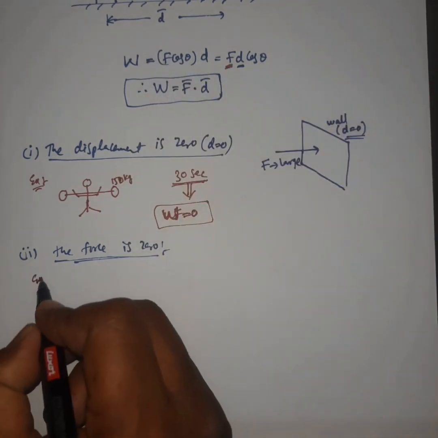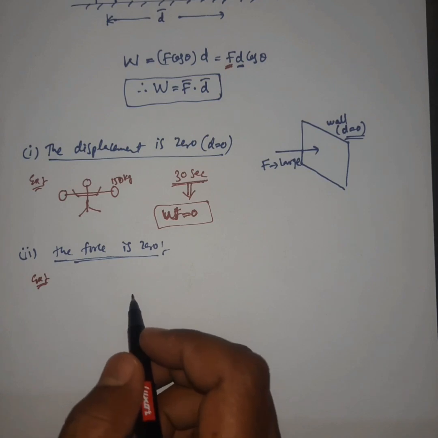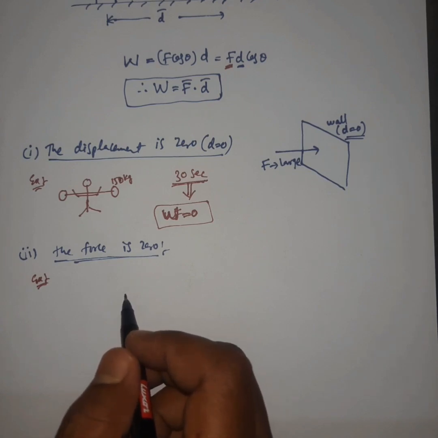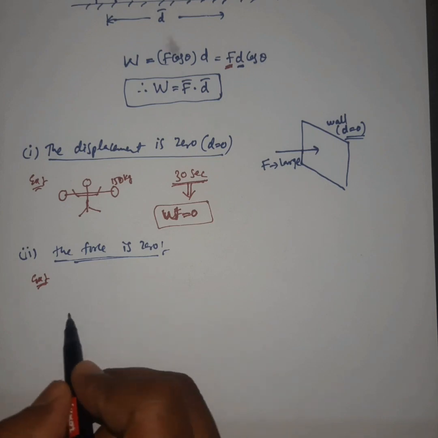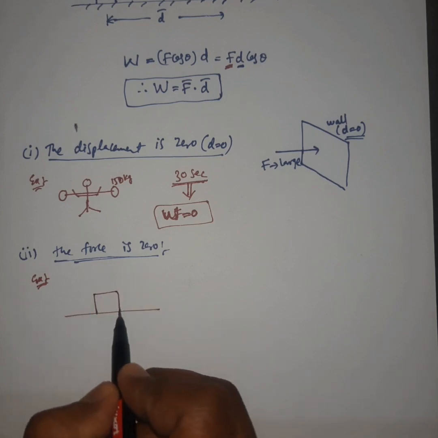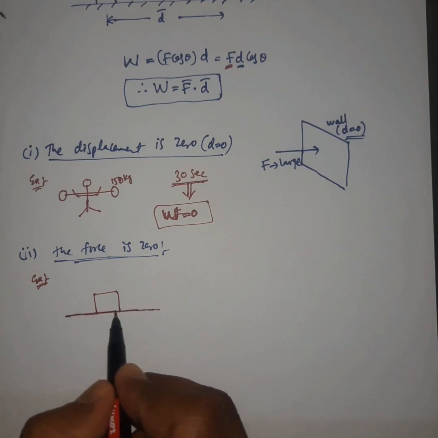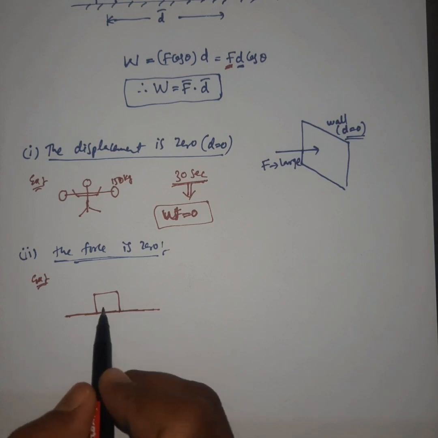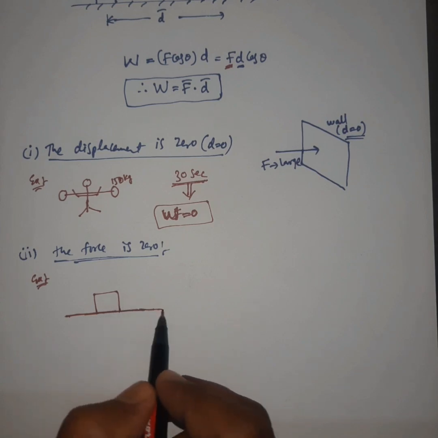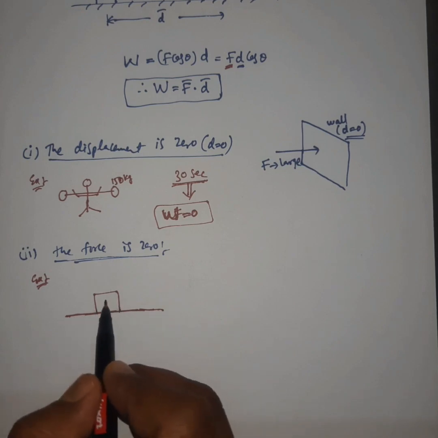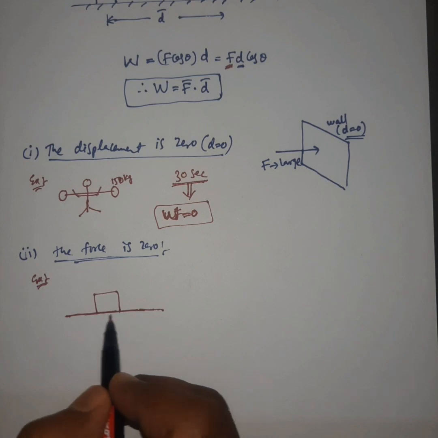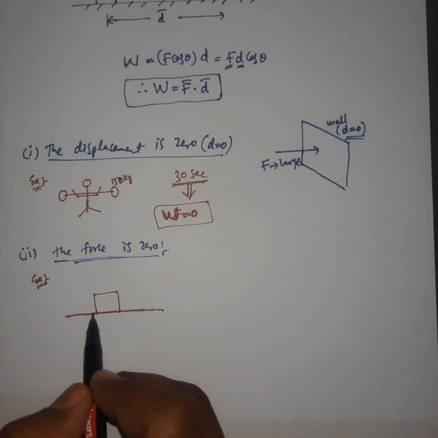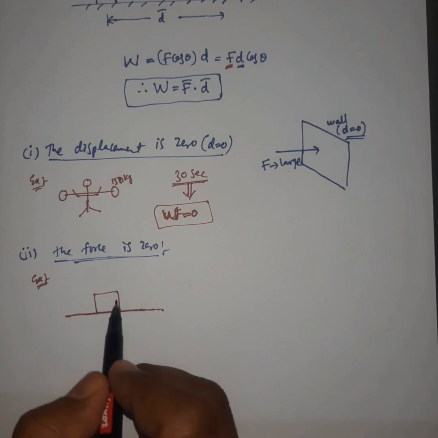See here an example: a block moving on a smooth horizontal table. Here the surface is smooth, so there is no horizontal force, but it goes a large displacement.